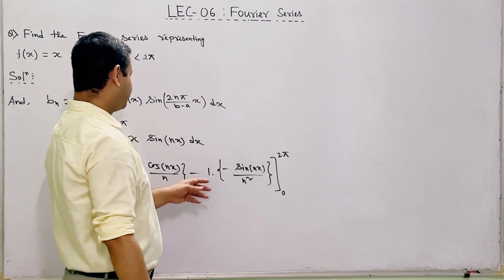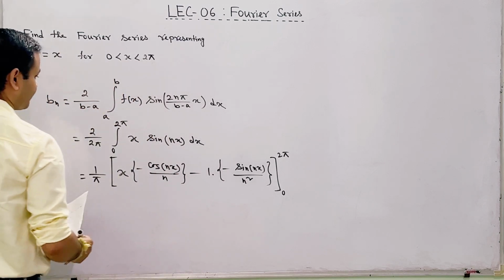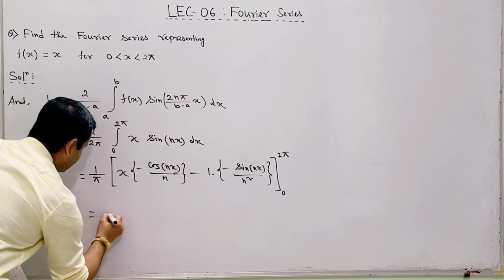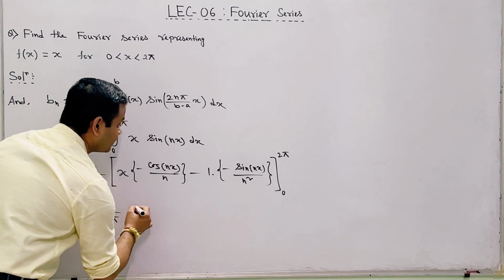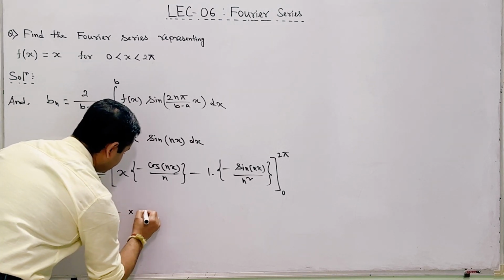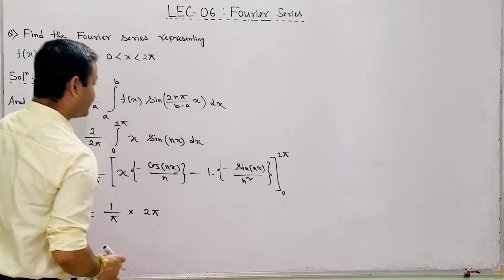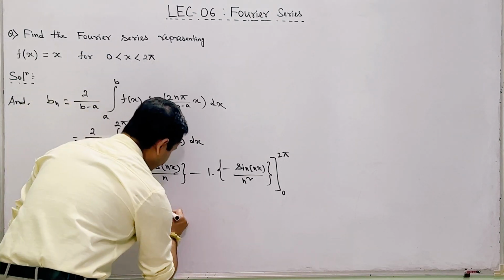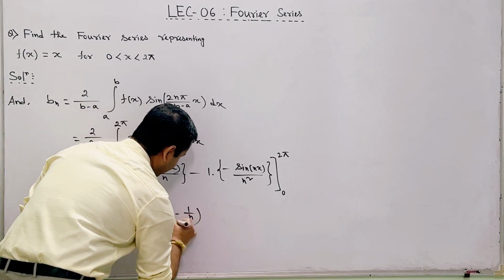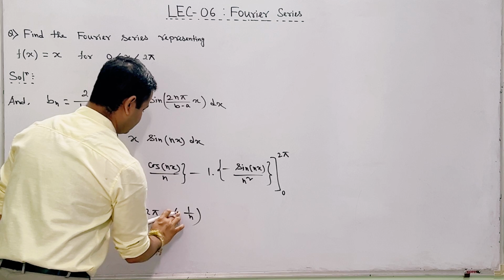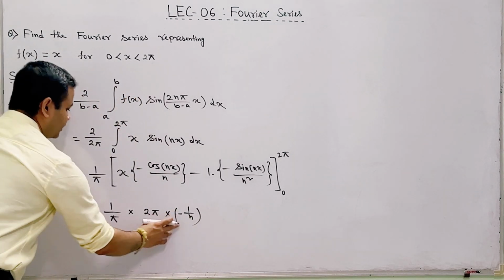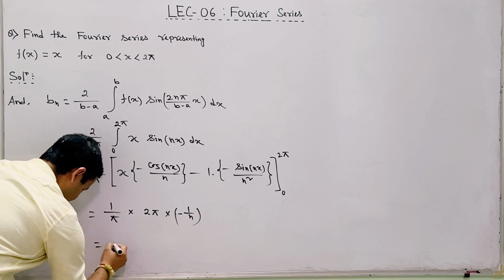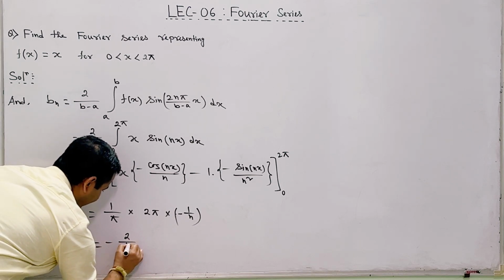So, after putting the limits, we will get 1 by pi into 2 pi into minus 1 by n. So, this value will be equal to minus 2 by n.